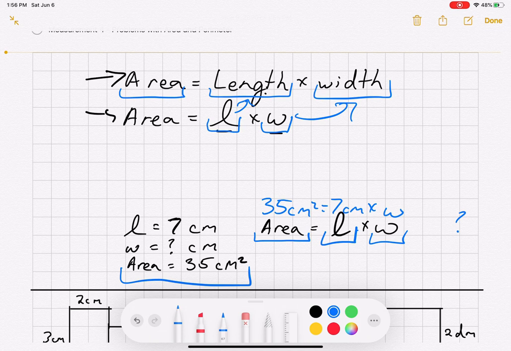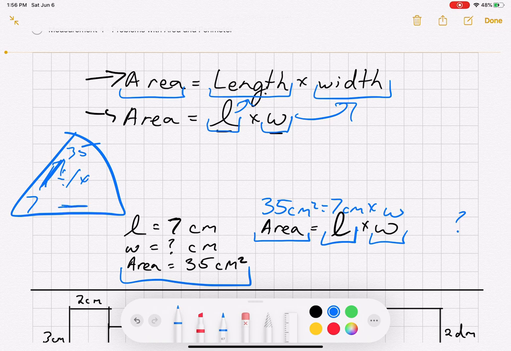So how do I find this out? What is your strategy? What would you do in order to make this equation true, right? If we're thinking about our fact family triangles again, multiplication and division, if I'm going this way, we're dividing.